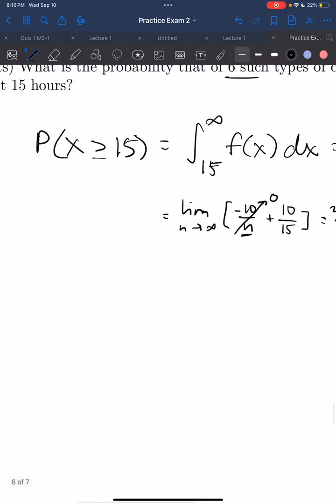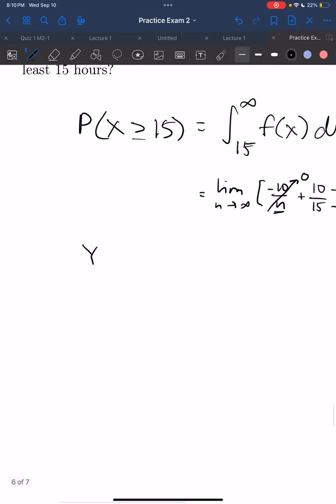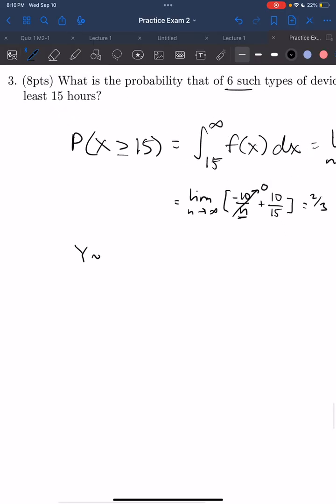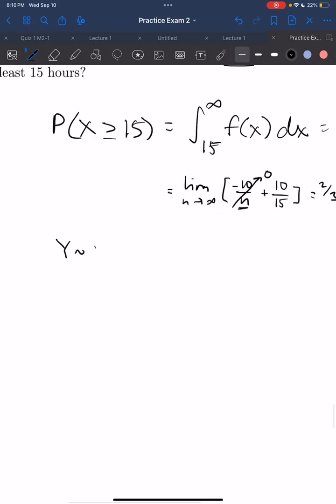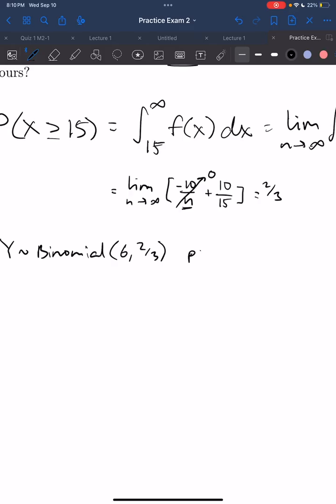Okay, now we can make y equal to the number of devices out of the 6 that function for at least 15 hours. So y can be binomial 6, 2/3, where 2/3 is the probability of success.